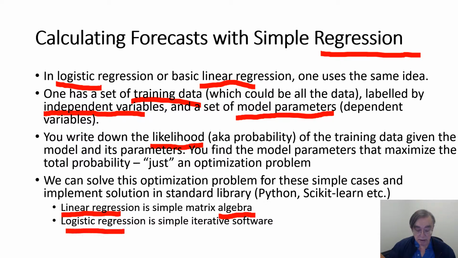Logistic regression is actually, even in some sense, a simpler formula, but it doesn't have a closed-form solution which you can write down. You have to just do simple iteration. Notice all these functions are nice.